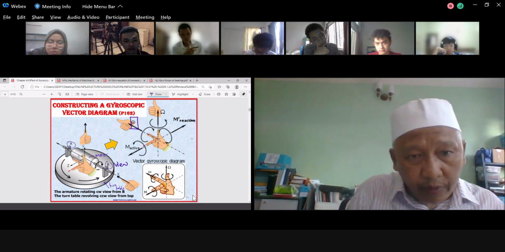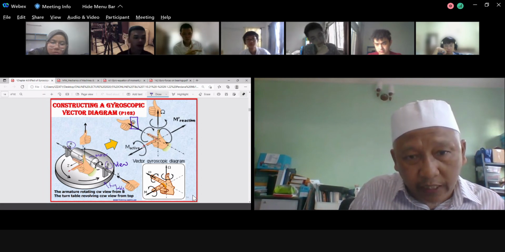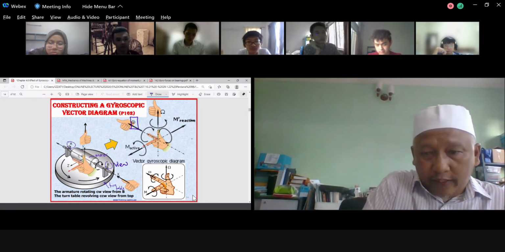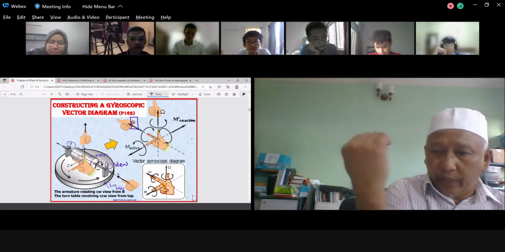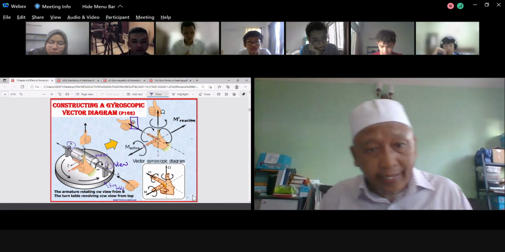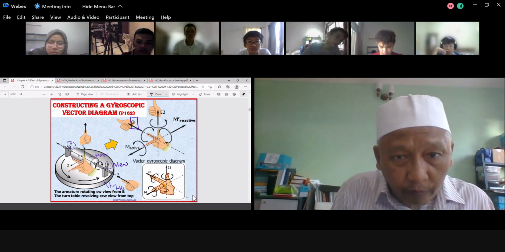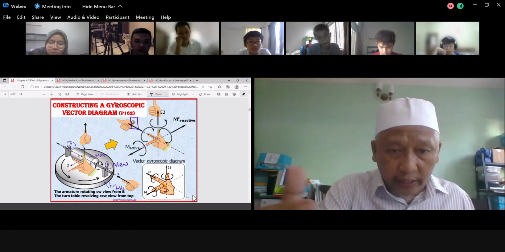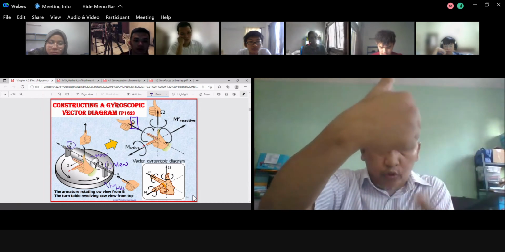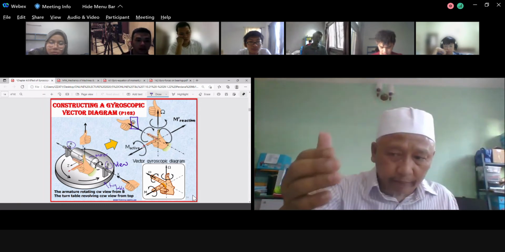If you're looking from here, this one will be rotating counterclockwise, pointing the other way, correct? So it depends on where you are viewing. From the bottom, it'll be rotating clockwise, also pointing this way.